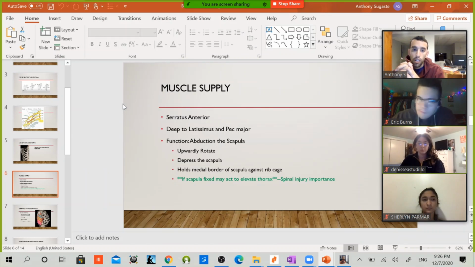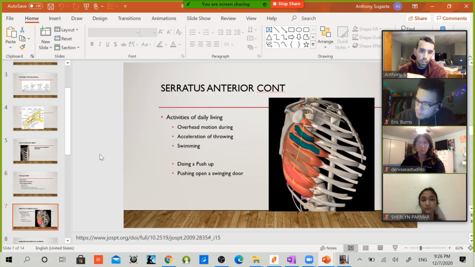So this muscle plays a very good role, and it's a very large muscle. This is the whole serratus anterior, a very large muscle. It does a lot of control for your scapula. When this doesn't work, a lot of your overhead motions become deficient.